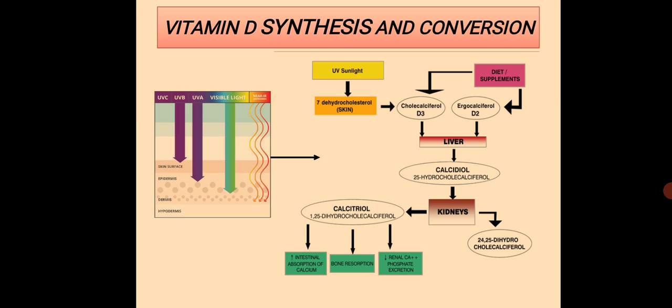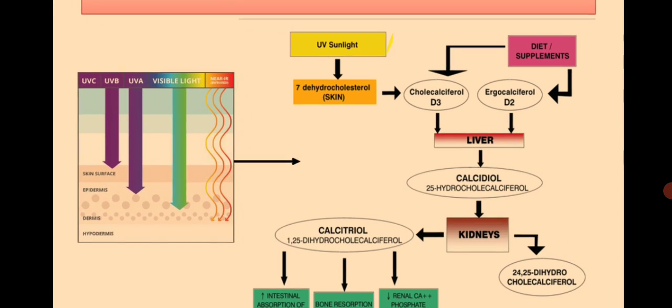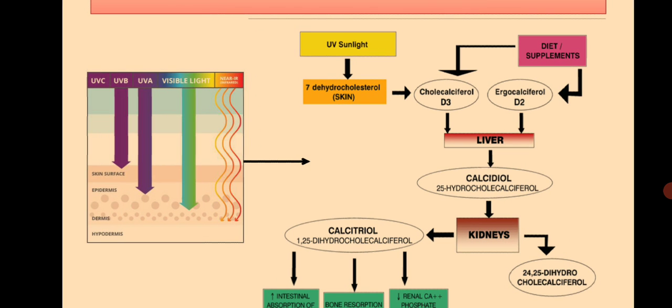So, how is vitamin D synthesized and converted in the body? UVB, as I have explained earlier, is taken through the skin and converts 7-dehydrocholesterol in the skin to cholecalciferol. Diet and supplements also provide ergocalciferol, vitamin D2, and cholecalciferol, vitamin D3, which are converted in the liver into calcidiol, 25-hydroxycholecalciferol.